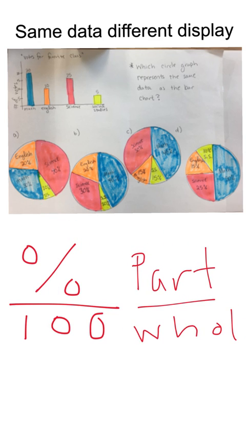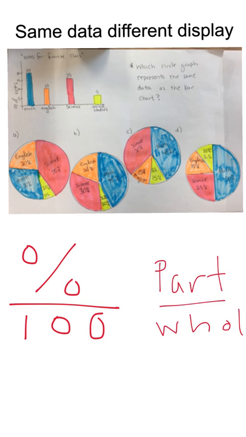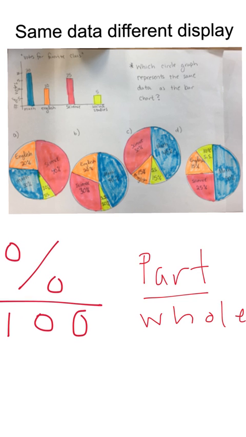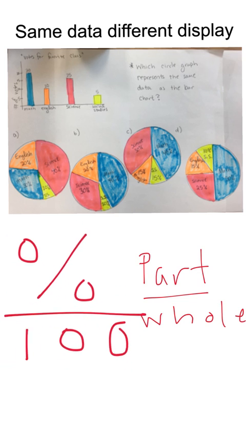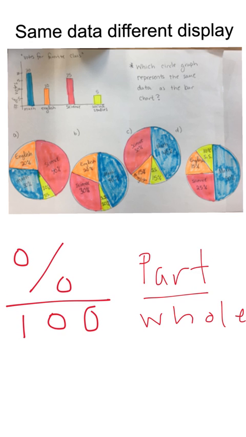So if the total number of people in the bar chart is not out of 100, then I'm going to have to create a fraction and make an equivalent, because I know these two things are going to need to be equal to one another. The bottom number, the total number of people, for example, in the bar chart may not be 100. So that's where the math comes in. I need to make both the top and the bottom equivalent and out of 100. Or the other way around.